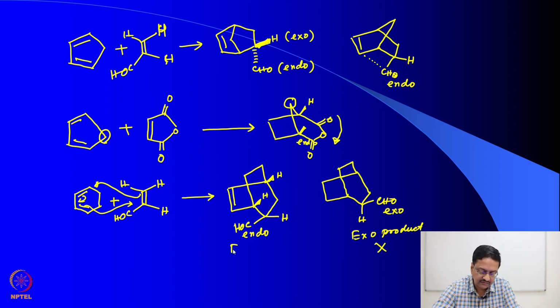The endo product forms as a major product. Exo product may form in some cases as a very trace quantity. So, this Endo rule actually predicts what should be the major product of a particular Diels-Alder reaction.